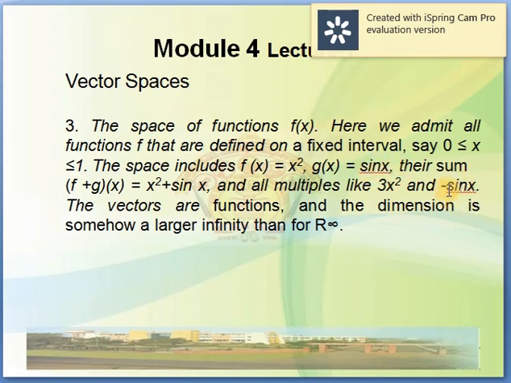And the sin x can be multiplied with again any scalar value from minus infinity to plus infinity. Then if it is -1, sin x multiplied by -1 is equal to minus sin x. These all should be residing in the vector space.